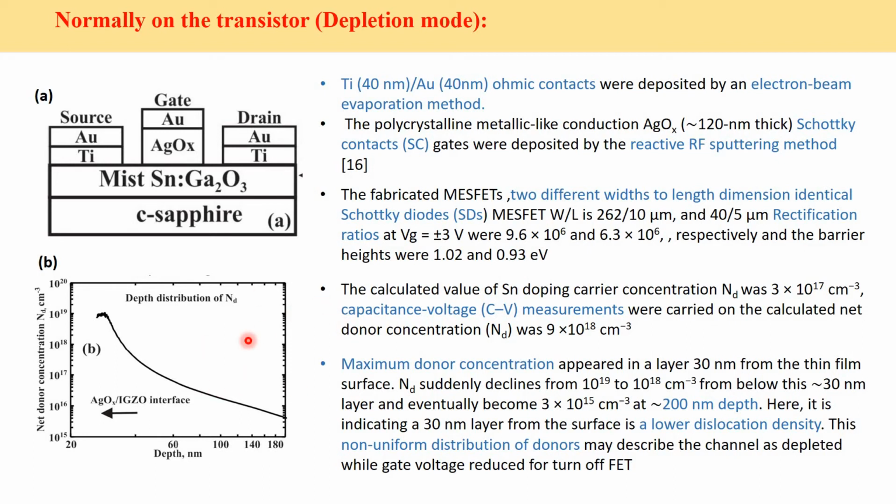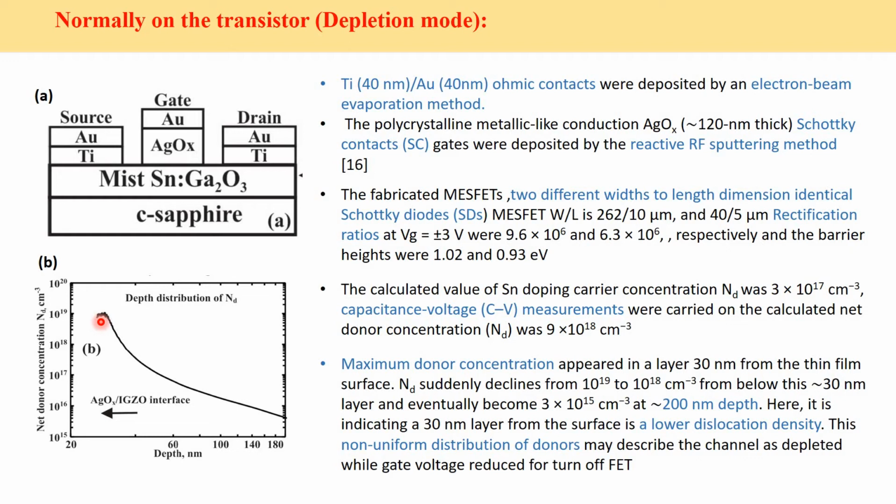So in that case we exhibit the net donor concentration in the channel layer with the depth of the channel layer. We noticed that the donor concentration appears up to a depth of 30 nanometer, and then it declines from 10 to the power 19 to 10 to the power 18 below 30 nanometer.